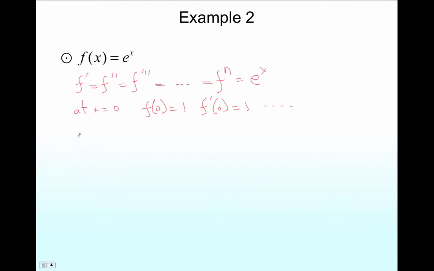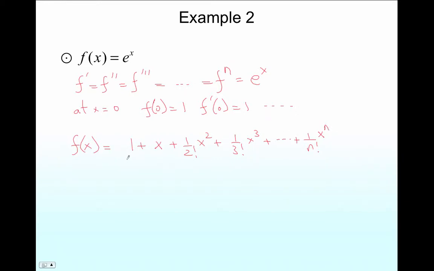That means that we can write down the Taylor's polynomial of order n very easily. So Taylor's theorem tells us for the exponential we have 1 plus x plus 1 over 2 factorial x squared plus 1 over 3 factorial x cubed. And if we want to go up till n terms, that's 1 over n factorial x to the power n.